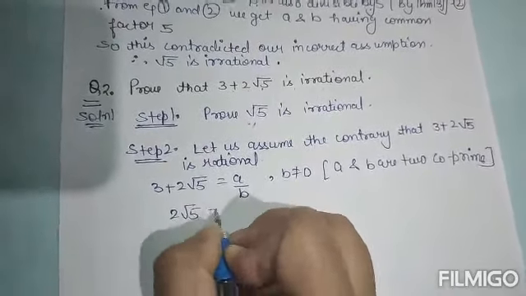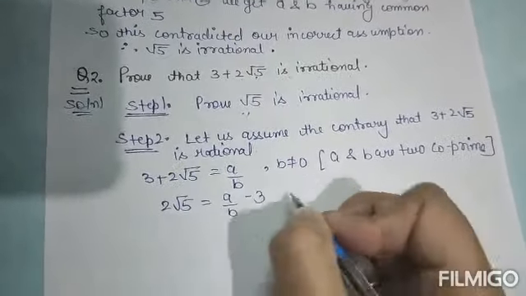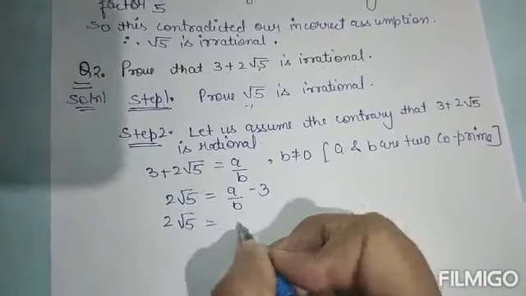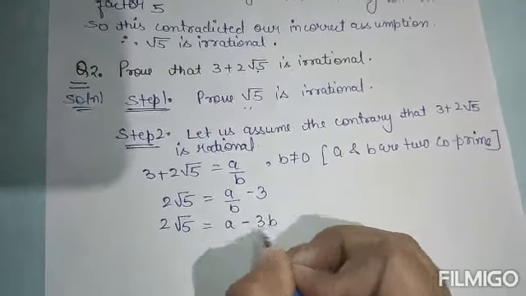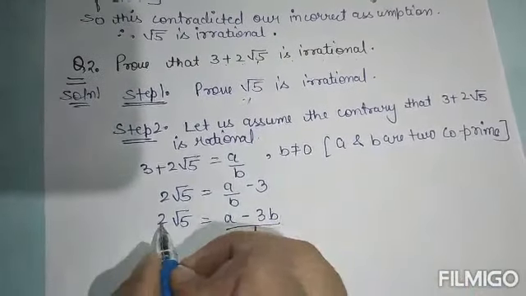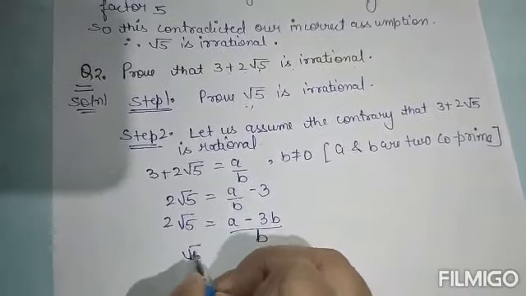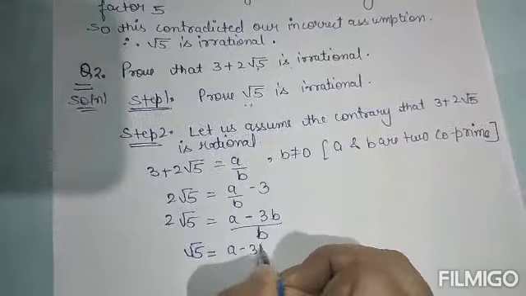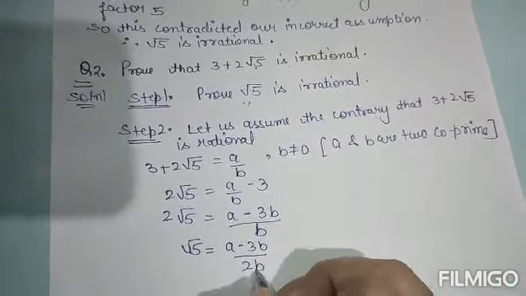2 square root 5 will be equal to, 3 इधर जाएंगे, a by b minus 3, so when you will take LCM it will become a minus 3b upon b. Now take this 2 here, so square root 5 will be written as a minus 3b upon 2b.